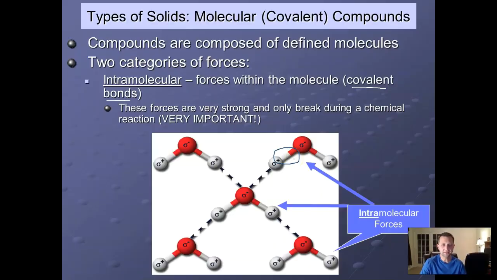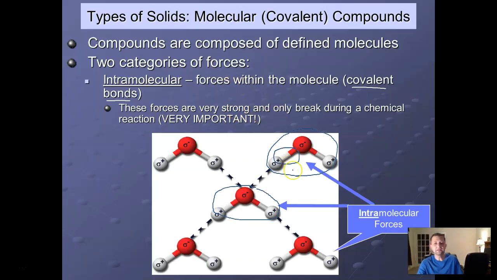The majority of this lesson is going to focus on the intermolecular force, these dashed components. How is one water molecule as a whole attracted to another water molecule as a whole? But for right now, just take a look at what I mean by intramolecular forces here. It's the actual covalent bond. They're very strong, and they only break during a chemical reaction.